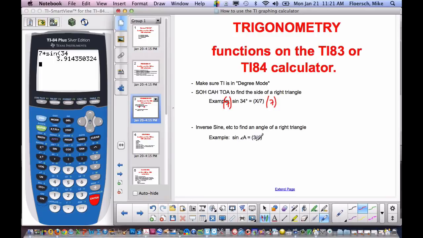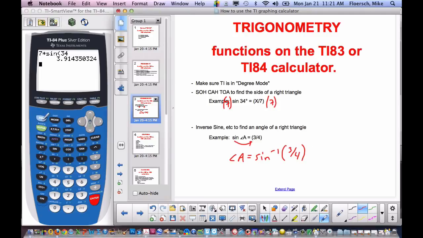This time I have a right triangle and I have the two sides 3 over 4, but I need to solve for angle A. So basically what that means is I need to get rid of this sine. So angle A is equal to the sine inverse, that's how I bring it over, of the fraction 3/4.